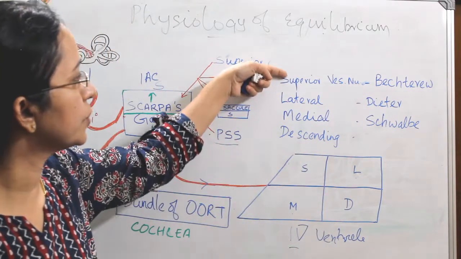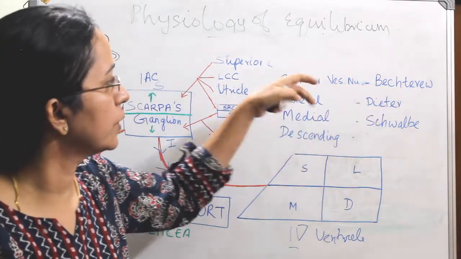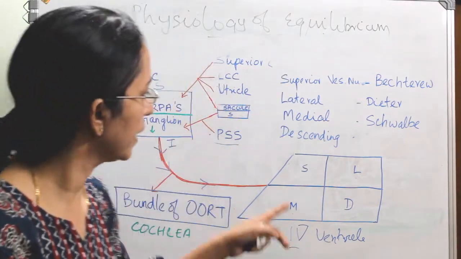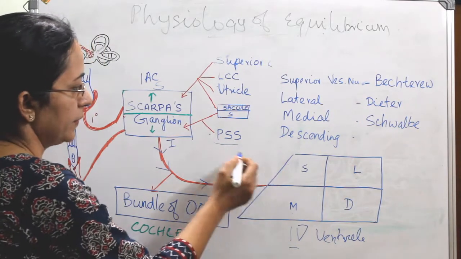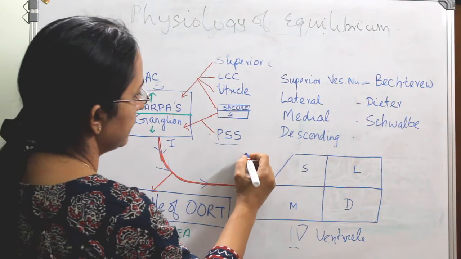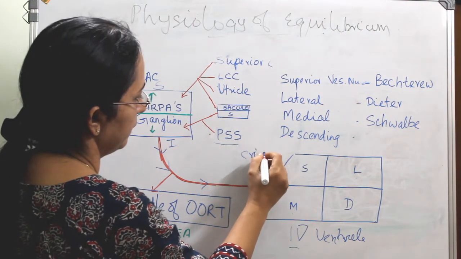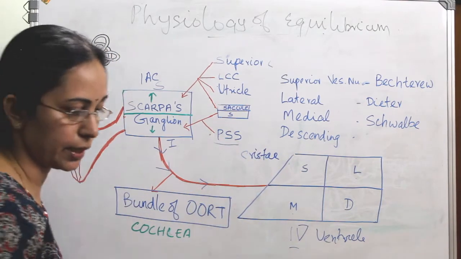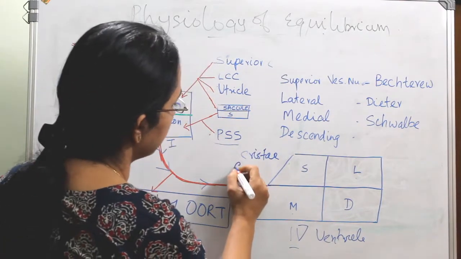Okay. So the superior vestibular nucleus is Bechterew's, lateral is Deiters' and medial is Schwalbe's. Okay. And these fibers come mainly from the crista of the semicircular canal and also from the cerebellum.